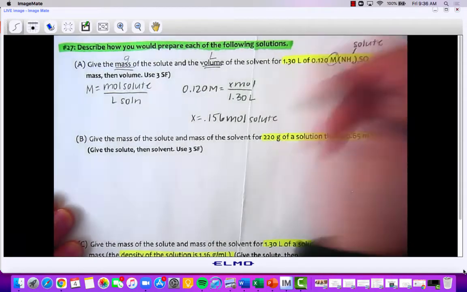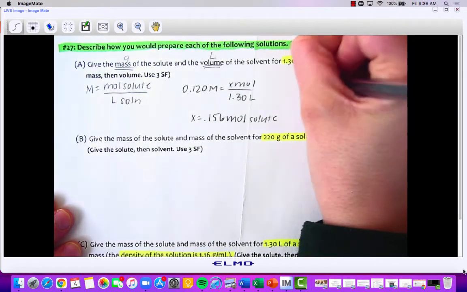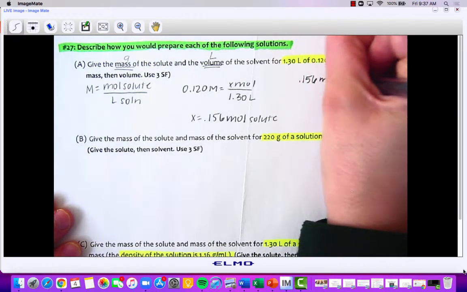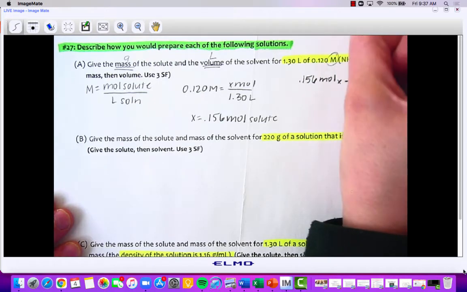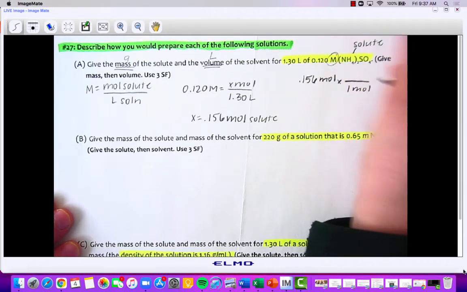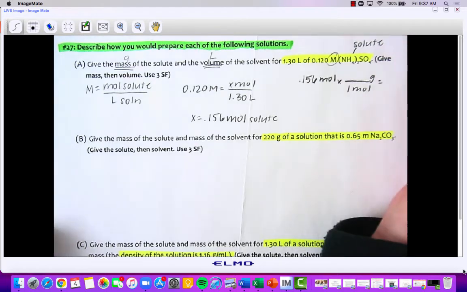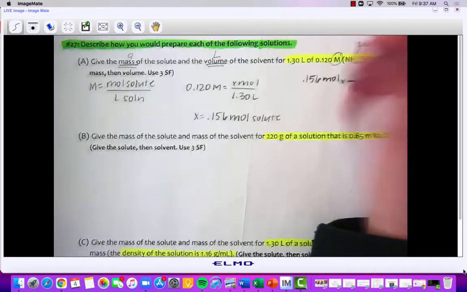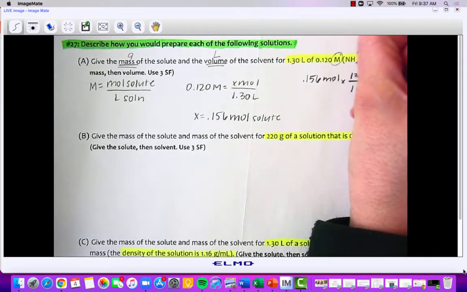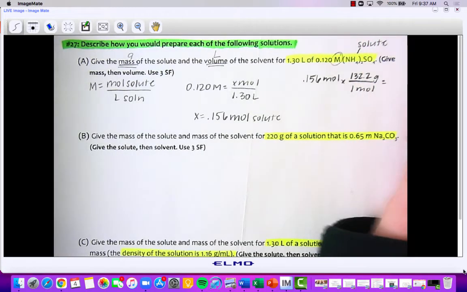So I need to take my moles of solute and I need to convert it to grams. So 0.156 moles. I'll calculate the molar mass of ammonium sulfate. Molar mass of ammonium sulfate is 132.2 grams per mole.